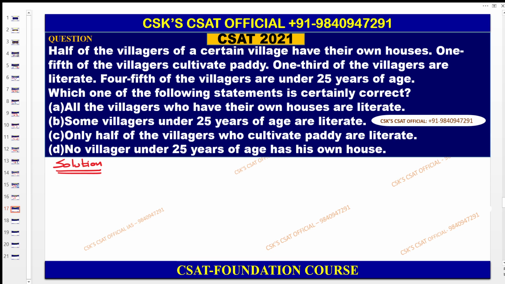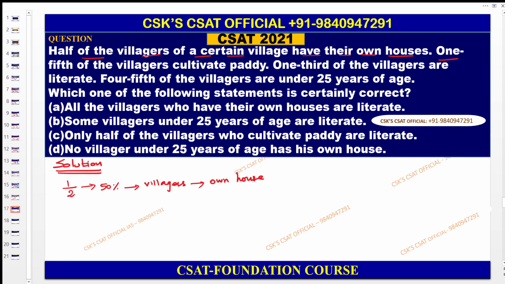Now, half of the villagers of a certain village have their own house. Take the data while reading itself in the examination, then only you can complete. Half means 50%. 50% of the villagers own a house.